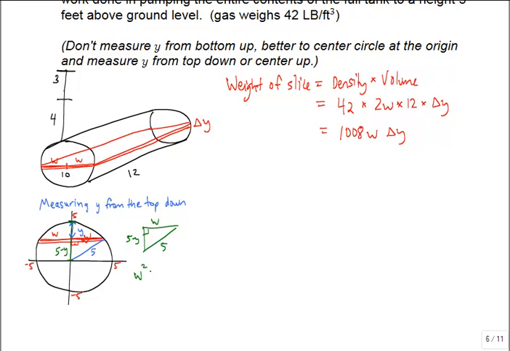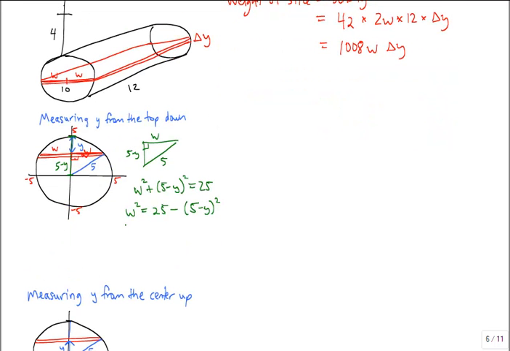So W squared plus (5 minus y) quantity squared equals 25. And if we solve this for W, we're going to get W squared equals 25 minus this quantity squared. You can go ahead and expand that out if you want. I'm just going to leave it like this for now. And then I'm going to take the square root of both sides. And I'm just going to use the positive square root since we're talking about distances here.